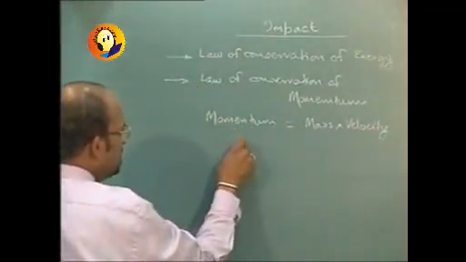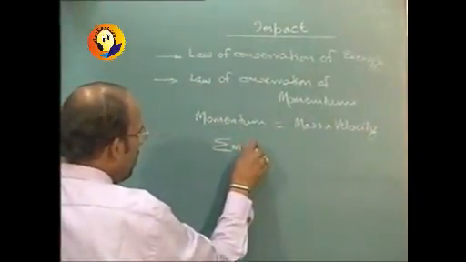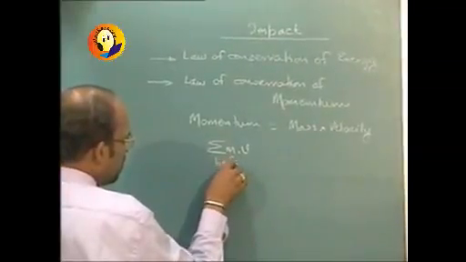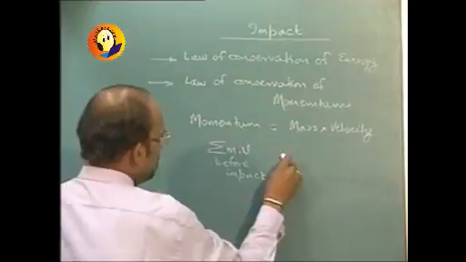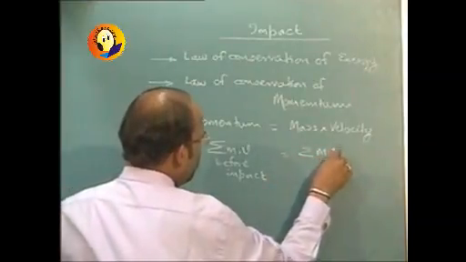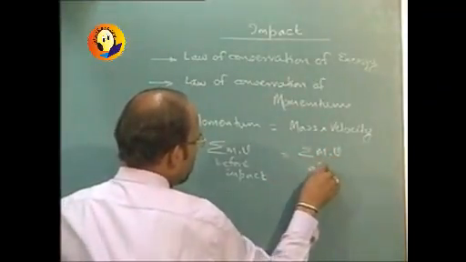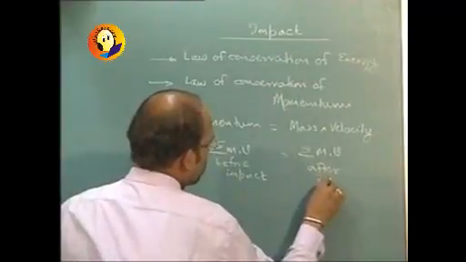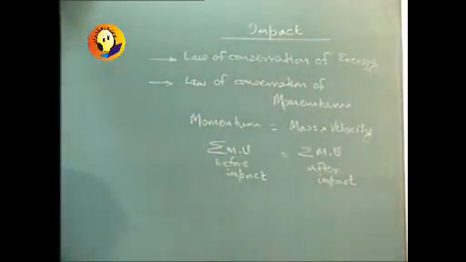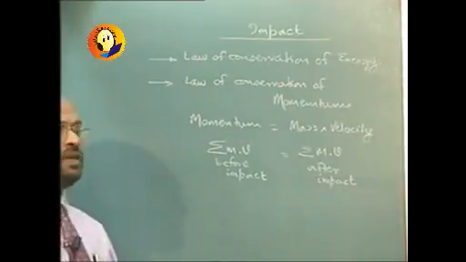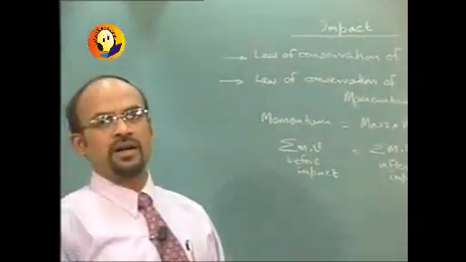So we can simply say that sigma m into v before impact is equal to sigma m into v after impact. So we will be basically dealing with these two laws when we are talking about the direct and the central impact as such.